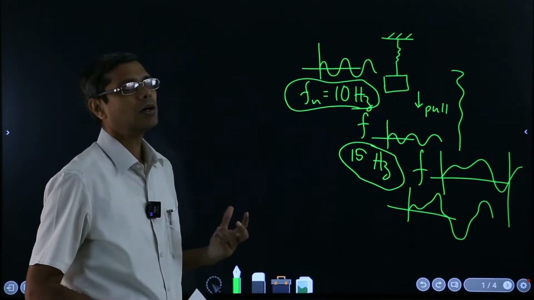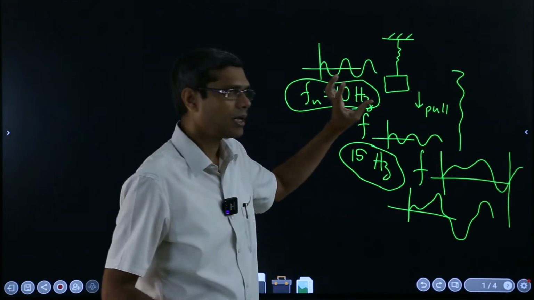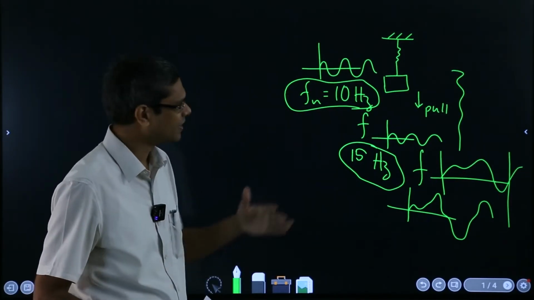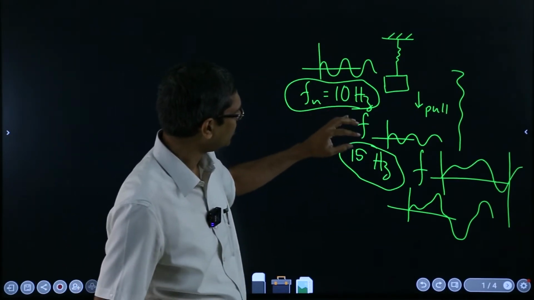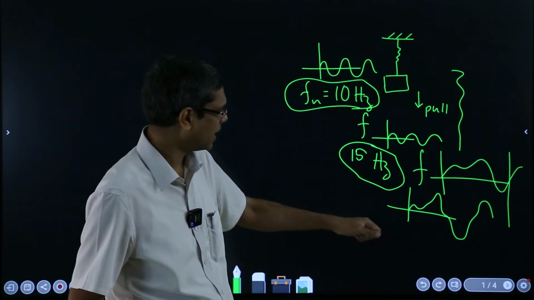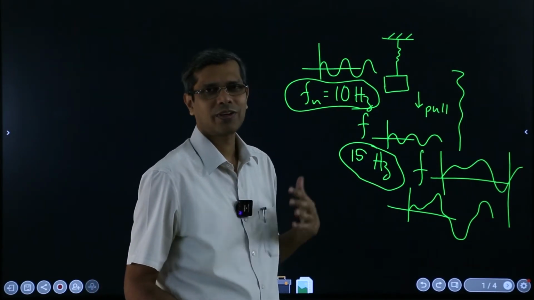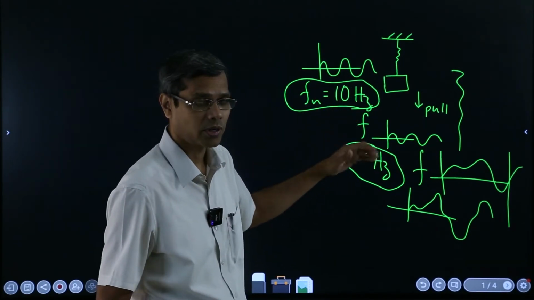But if you go from this to this, the importance of time is increasing in a way, and the importance of frequency is decreasing. And if you go from this to this, the importance of frequency is more and more increasing rather than the importance of time.